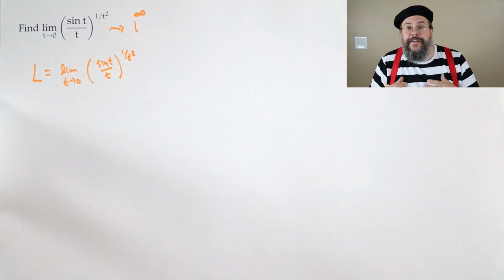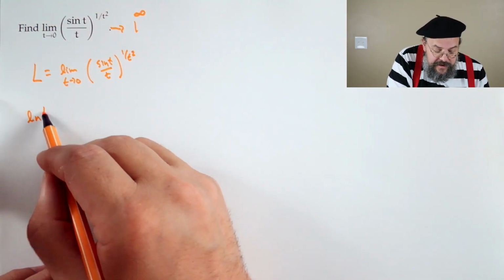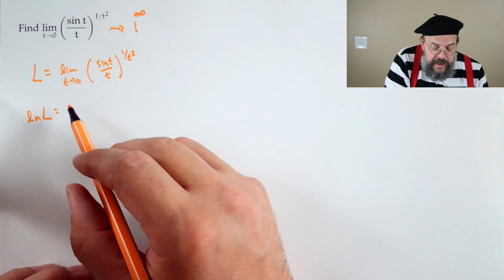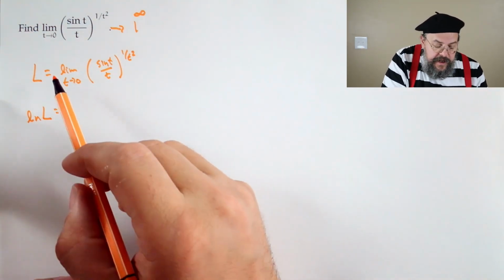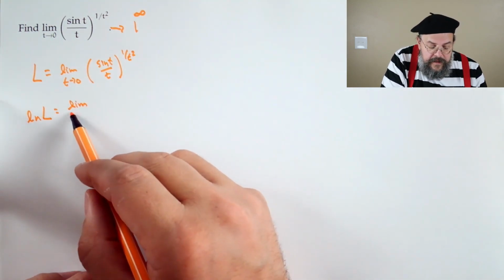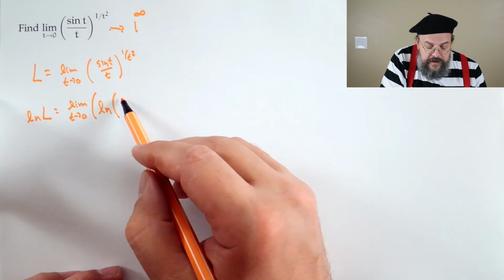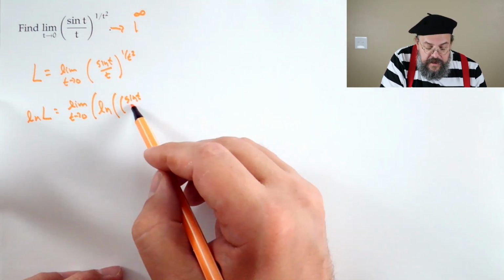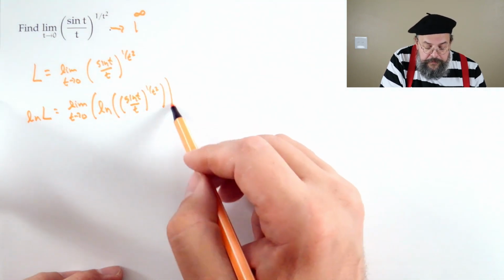All right, now we take our log. So the log of our answer, and again, log is continuous, so we can push it into the limit. So normally we would say it's the log of the limit, but that becomes the limit of the log, limit as t goes to 0, of log of sine of t over t to the 1 over t squared.